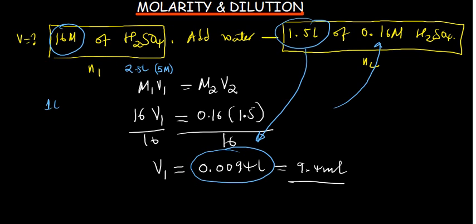Or for example, this concentration is too big. 5 molar is too big. Let's have a concentration of 0.2 because we want to use it in a laboratory. So how much water should I add to this hydrochloric acid so that I get this concentration? I'm going to calculate the volume of liquid that you need to add. So that's how you apply the dilution equation.